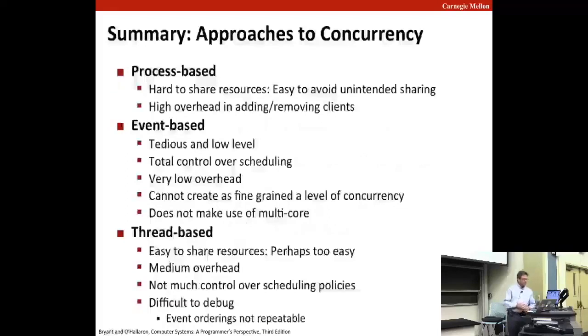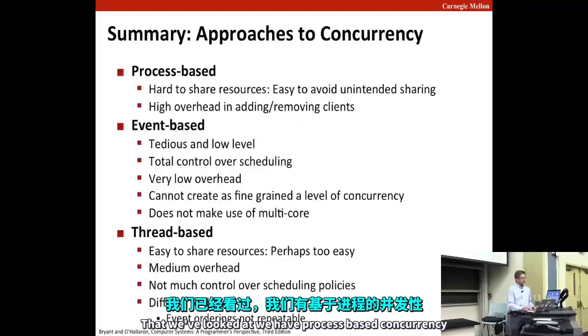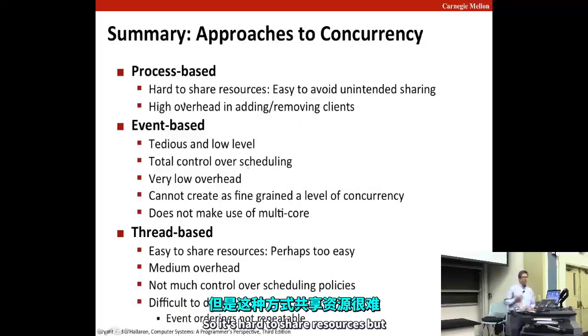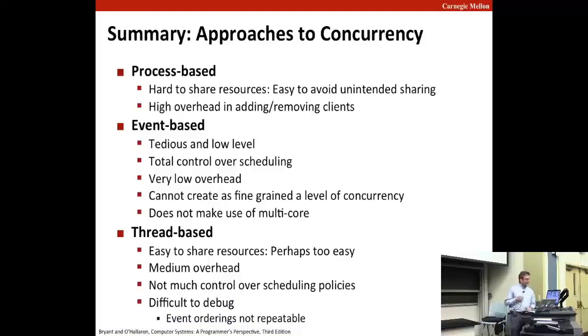Okay, so to summarize the approaches to concurrency that we've looked at. We have process-based concurrency: it's hard to share resources, but it's easy to avoid unintended sharing, so in some ways it's safer and easier to program.